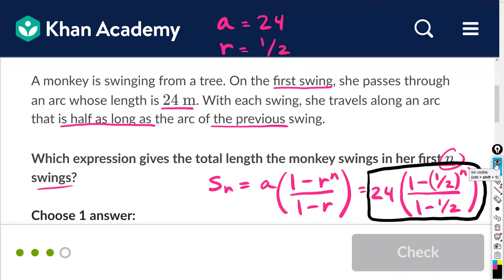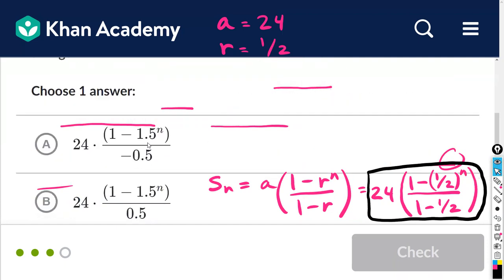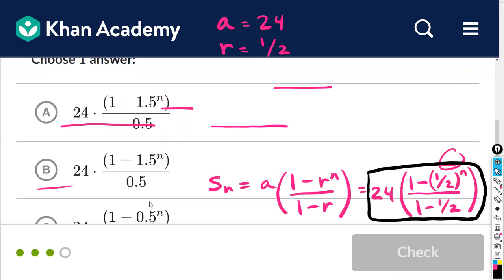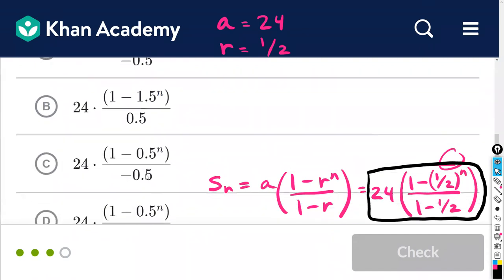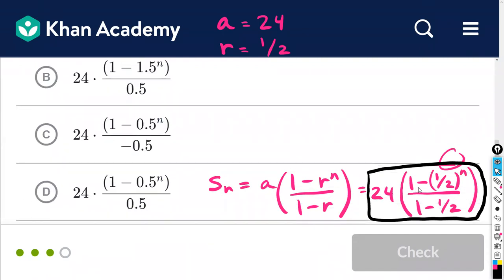All right, this is multiple choice, so let's look. It looks like they didn't use 1/2, they used 0.5, but obviously that's the same thing. So we have the 24 out front. They have that in all of their answers. And we need 1 minus 0.5 to the n divided by 1 minus 0.5.